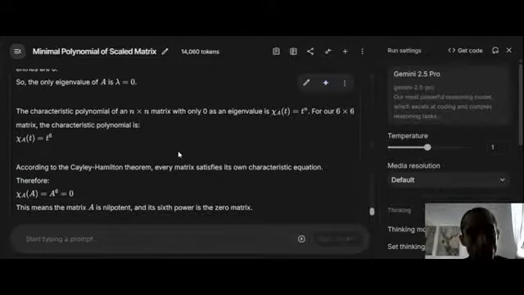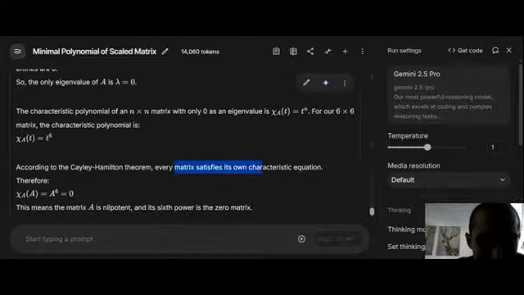Here the characteristic polynomial is T to the power of 6. So we will conclude probably that no.